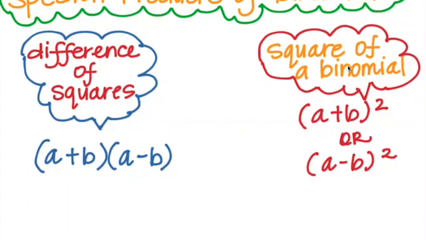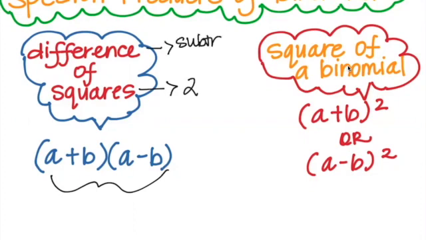So if you look at this one right here, the reason why it's saying the difference of squares is because we know that the word square means two, right? And the difference would be the subtraction, would be minus or negative. All right.